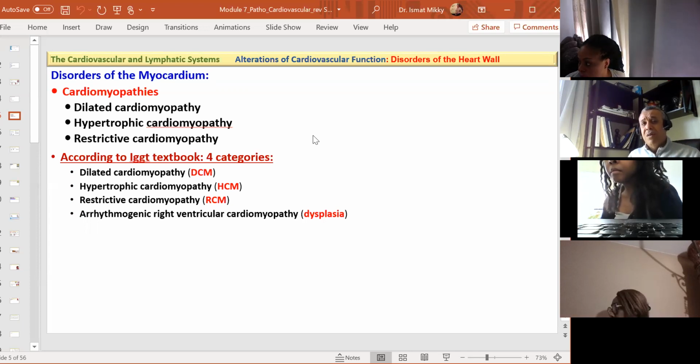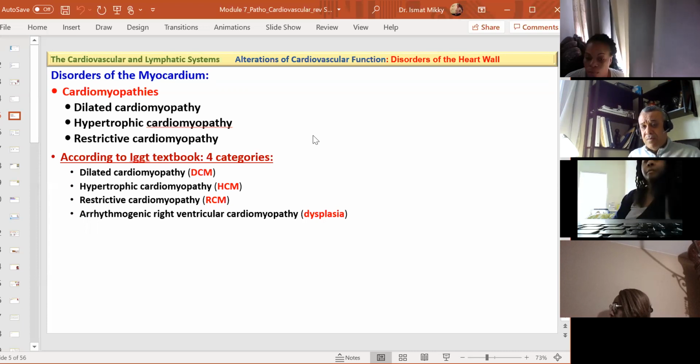It's not that common, but at least it's one type of cardiomyopathy. So in the pathophysiology course, we just focus on the 3 main types: dilated CMP, hypertrophic CMP, and restrictive CMP.